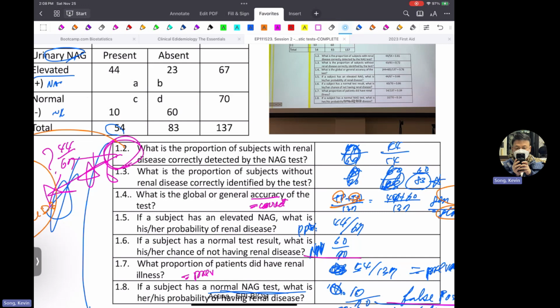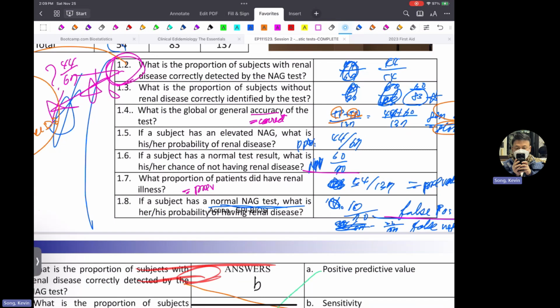It's the proportion of the people who have the disease out of the total. What is this value? That's nothing but prevalence, right? Prevalence. The number who have the disease is 54 people, out of 137 people. Make sure that this is the prevalence.